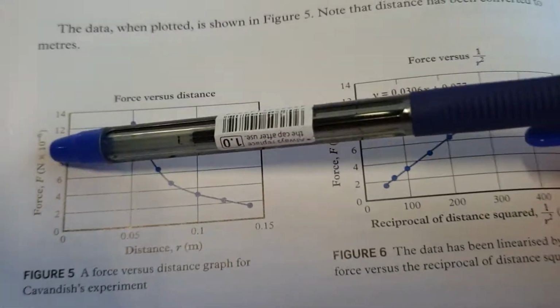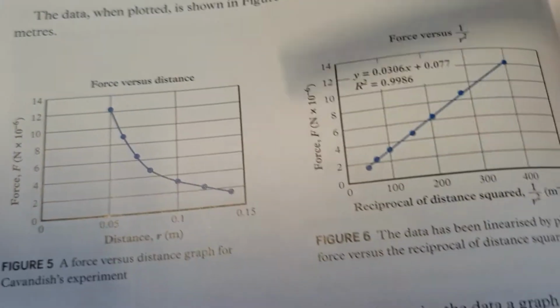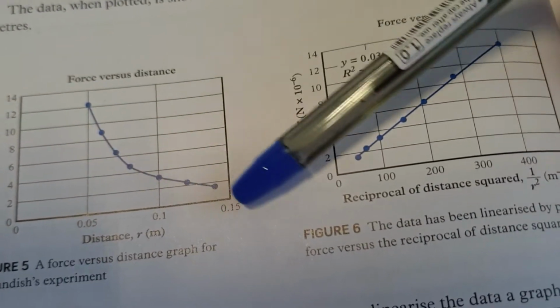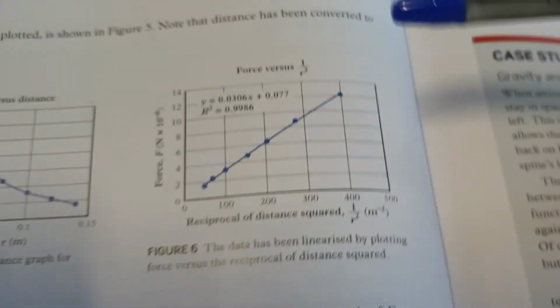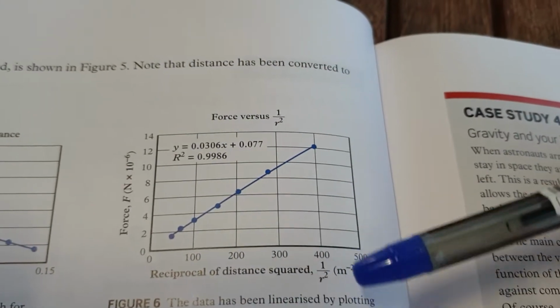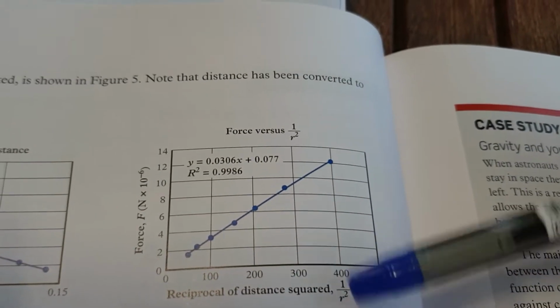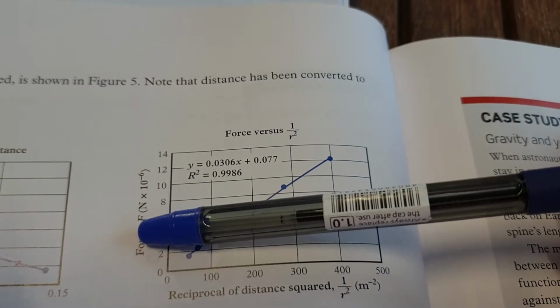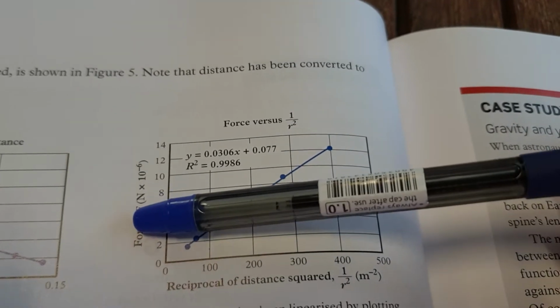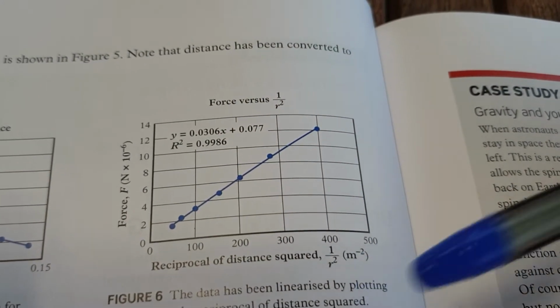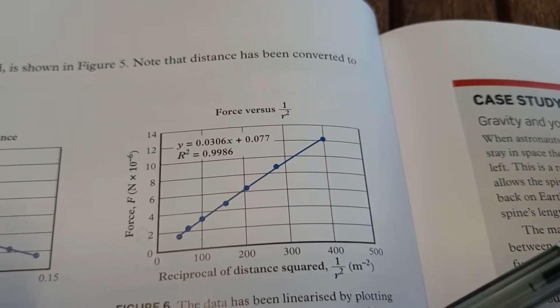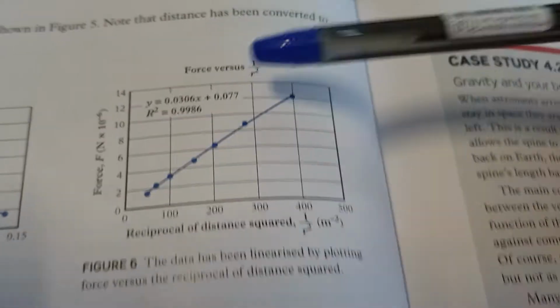If you look at force against distance, you will get this shape. So to linearise it, you put it against 1 over r squared. Now if you think about the formula, the slope of this would be force divided by 1 over r squared, which is force times r squared.